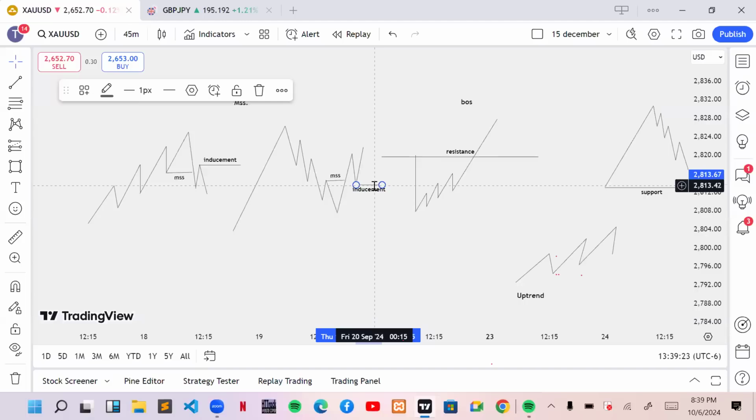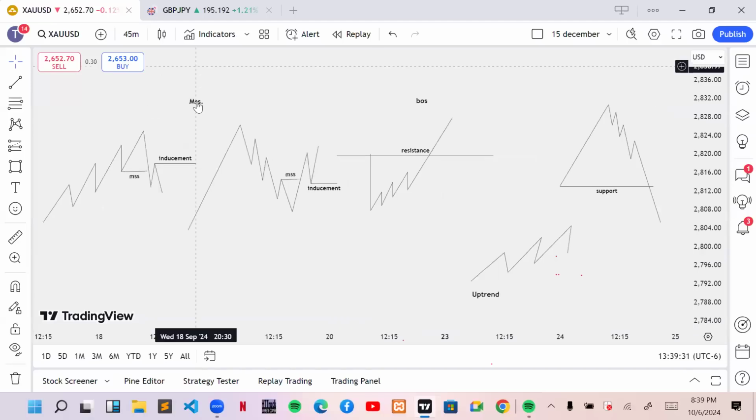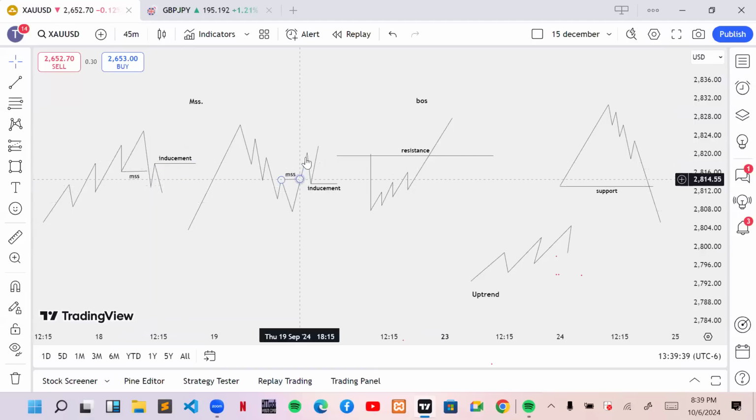The inducement is the first valid pullback that market makes after a break of structure or a market structure shift. This was when market broke structure to the downside. This is the first pullback it makes before continuing that move. Same as this, market broke structure to the upside. After it changed structure to the upside, it made the pullback before continuing that move. The pullbacks it makes are the inducement.